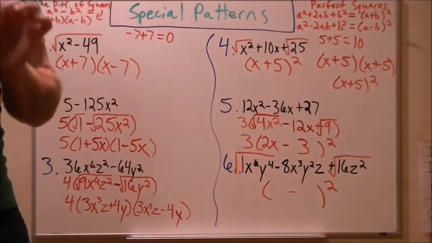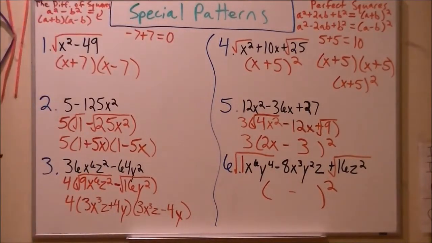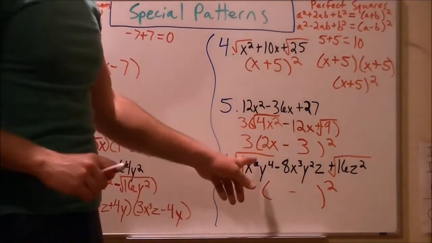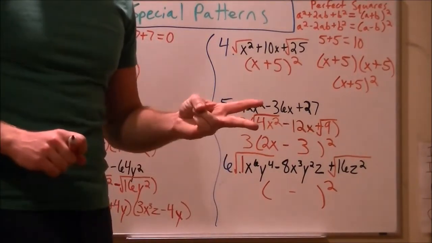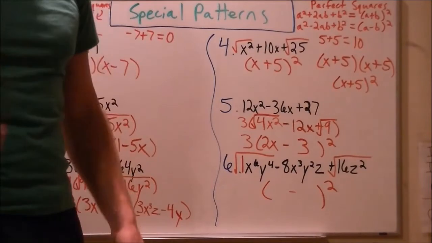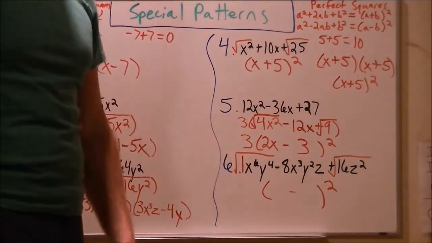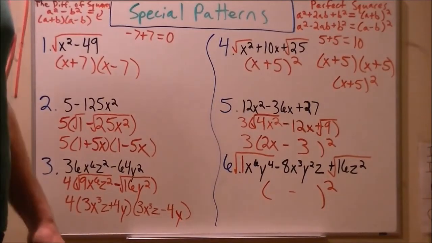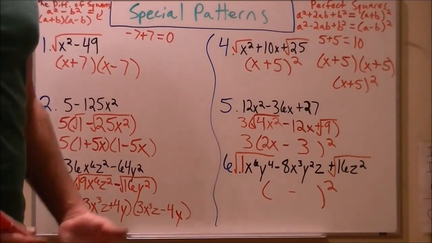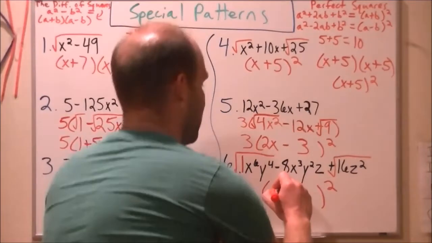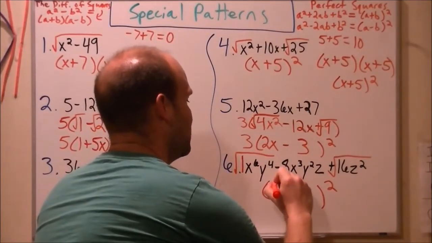Remember, when I take the square root of a variable with an exponent, I divide the exponent by 2. Just like if I were squaring it, I would multiply the exponent by 2. If I'm taking the square root, I divide the exponent by 2. What is 6 divided by 2? That is 3. And therefore, I have x to the 3rd power.